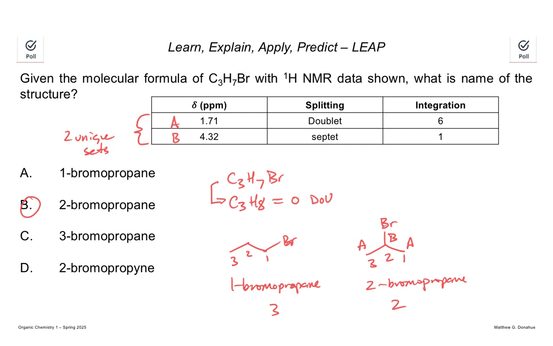So from 2 unique signals, it should have a ratio of 6:1. Notice now, see that this signal A, it says it's a doublet. So we're looking at the methyl groups. They integrate to 6. There's only 1 hydrogen there. So 1 plus 1 is 2. So that signal should look like a doublet.